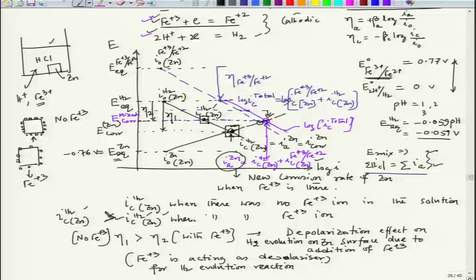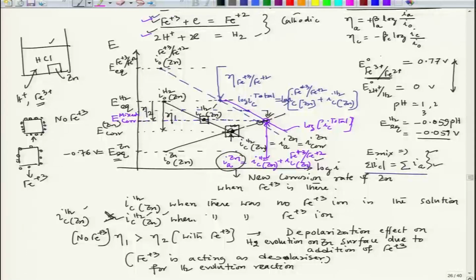Now, interestingly, if we consider that the hydrogen evolution rate over the zinc surface is the observation for zinc corrosion, that the more the hydrogen evolution on the zinc surface, the more will be the corrosion of zinc, that may not be true.